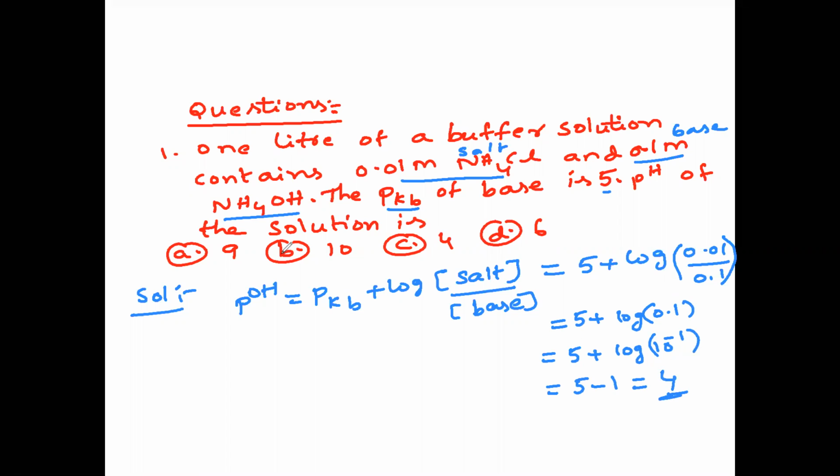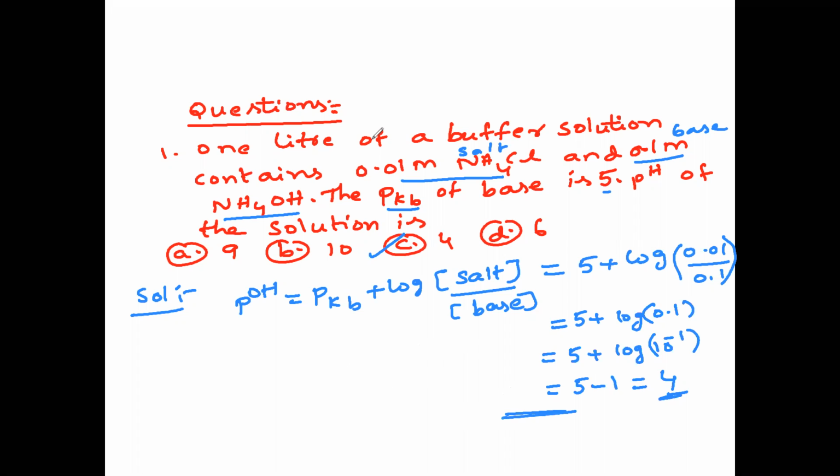So the answer is the third option. Like these simple questions you will get for NEET level as well as board and JEE Mains level. So in this way you have to calculate. Here the question and answer are clear on the same page, so it's better for you to understand. That's why I'm doing these questions.